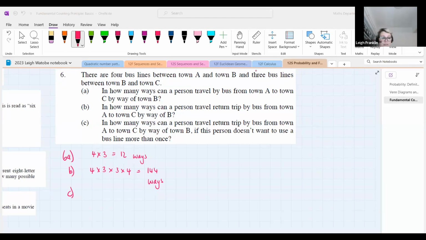Let's have a look at question C now. In how many ways can a person travel return by bus from town A to town C by way of town B if this person doesn't want to use a bus line more than once?